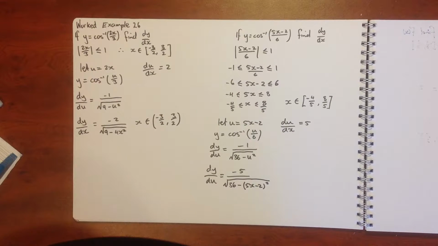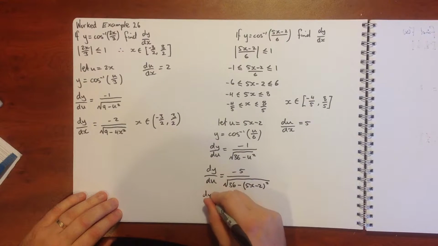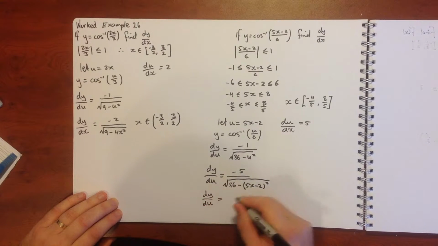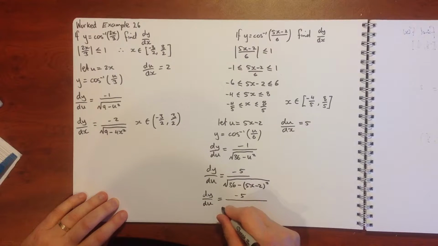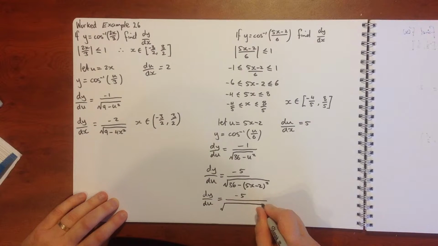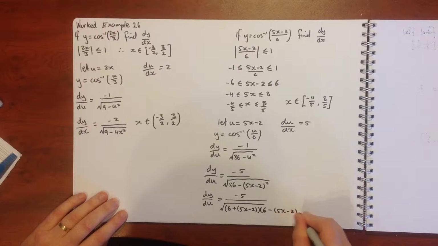What you can think of though is that we've really got the difference of two squares here. So dy/dx is equal to minus 5 over the square root of 6 plus 5x minus 2, and 6 take 5x take 2.